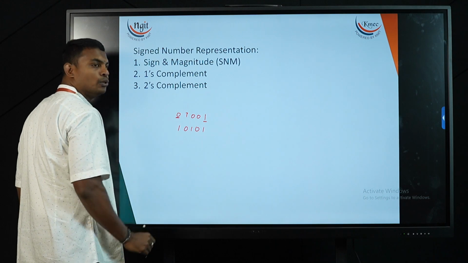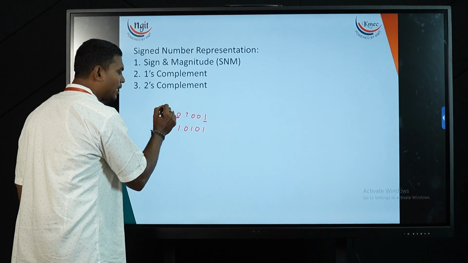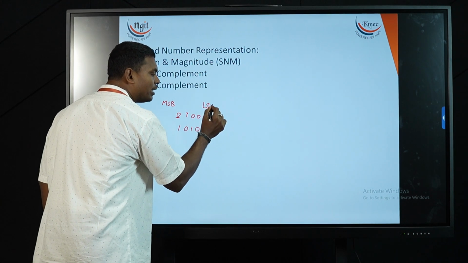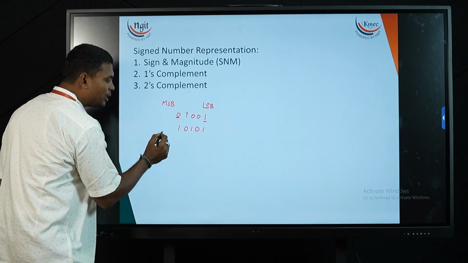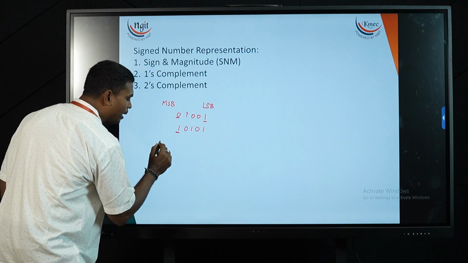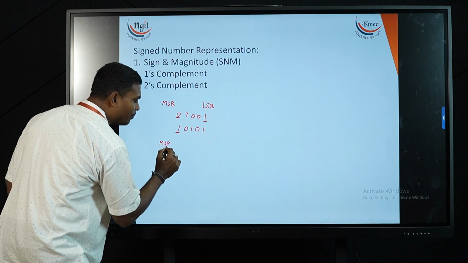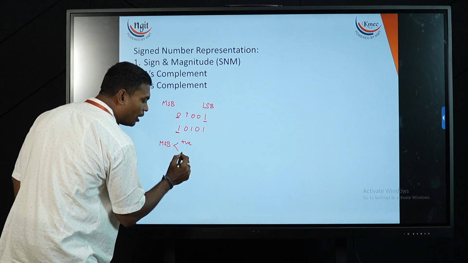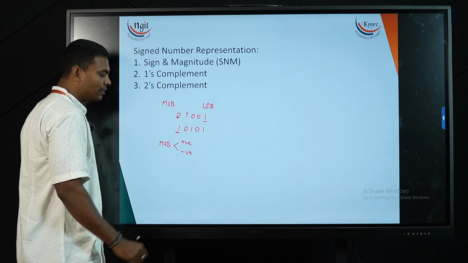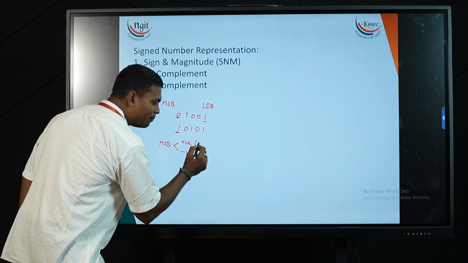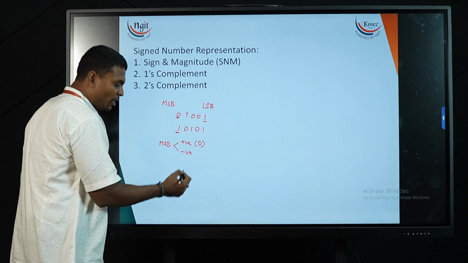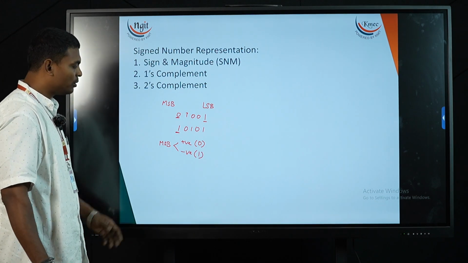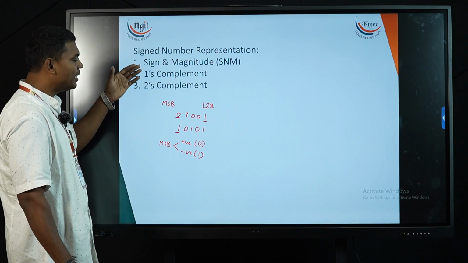This is called the most significant bit, MSB. The MSB is going to tell me whether the number is positive or negative. If it is a positive number, the MSB should be 0. If it is a negative number, my MSB should be 1. So this is what I need to have for sign and magnitude.